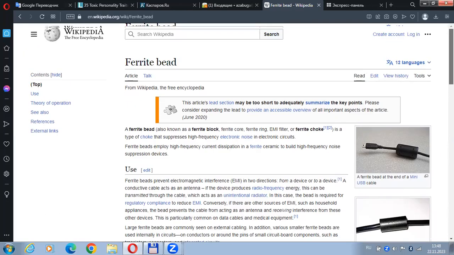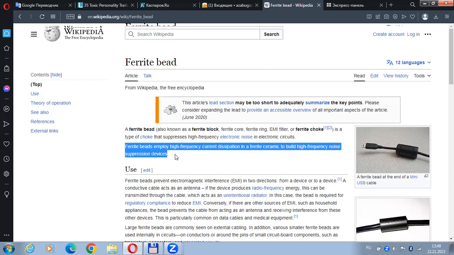This black cylinder is ferrite bead. What is this? Ferrite bead is an element that has high inductance, and because of Faraday's law for electromagnetic induction, it will suppress high frequency noise. It is written here, you can see.